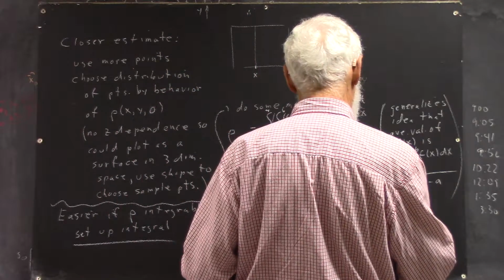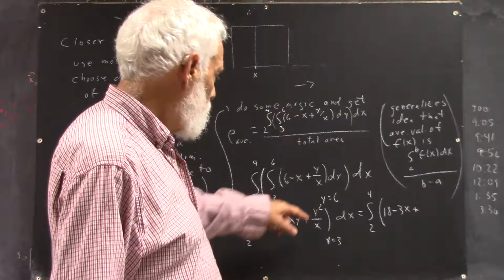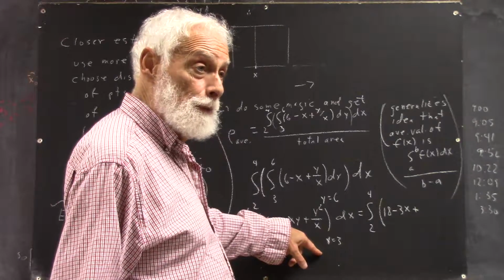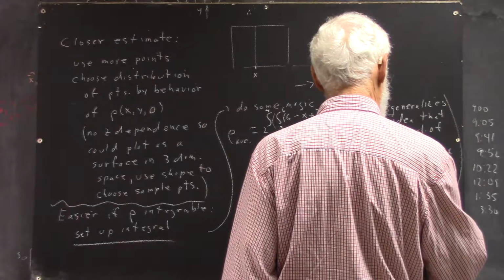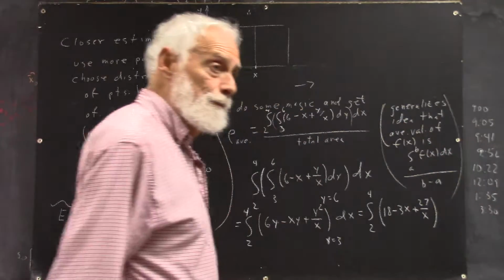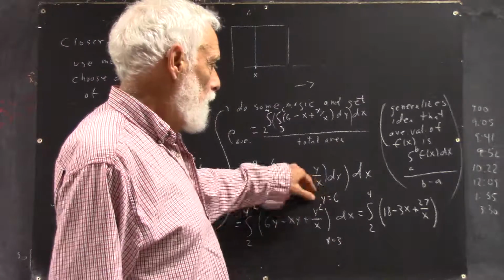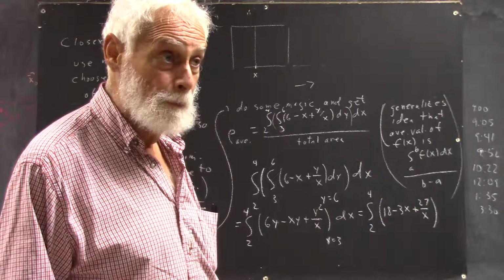Minus 3x plus y squared over x. Well, y squared is 36 here. It's 9 here. 36 minus 9 is 27. Okay? So if you evaluate this expression here, evaluate it here, this is what it's going to come out, and check my arithmetic, it could be wrong.